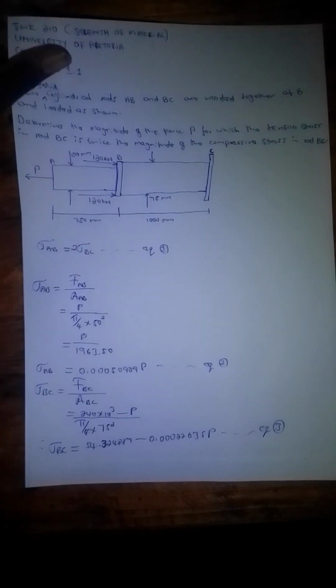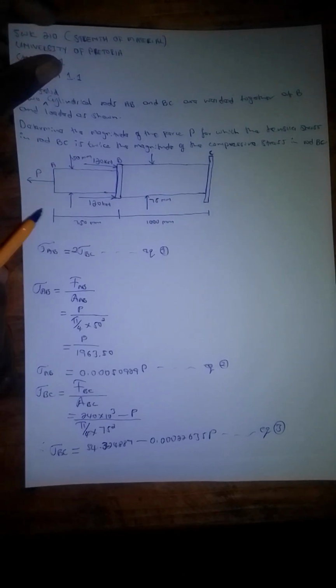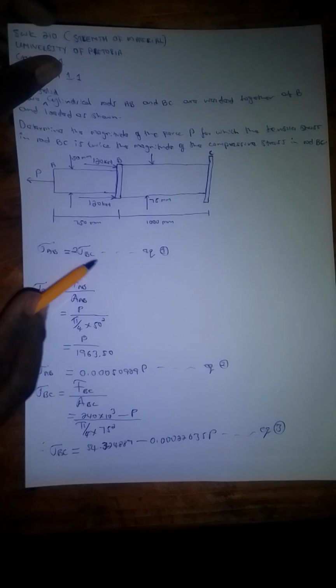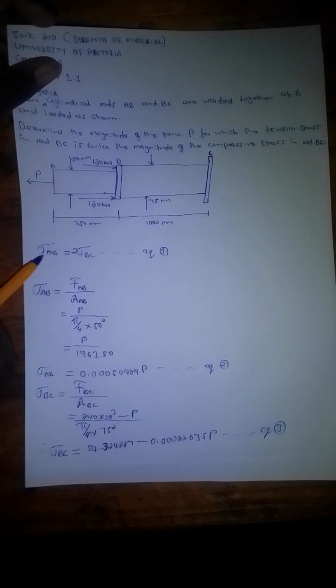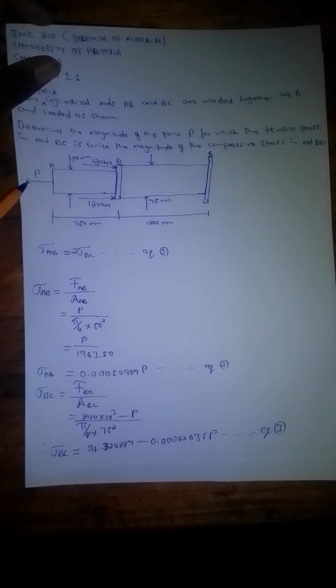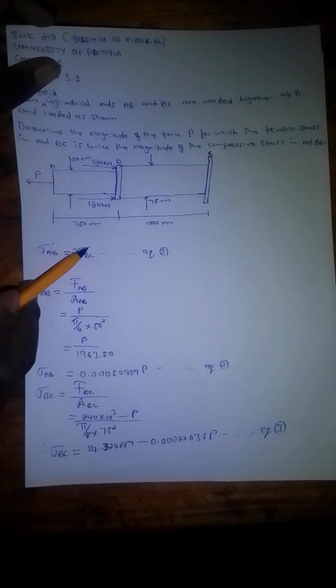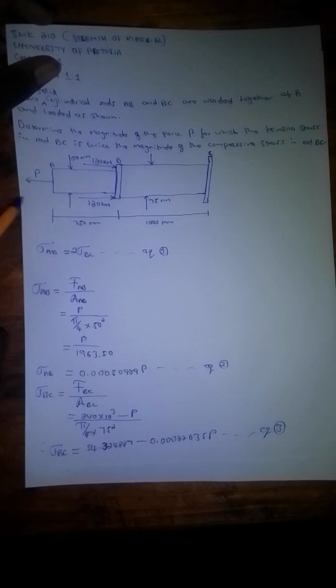So what we basically are doing here, remember, initially we said the tensile stress in AB is equal to 2 times the compressive stress in BC. But now we found the tensile stress in AB in terms of P, which is the one that we want, and we also found the compressive stress of BC in terms of P. So here they are.